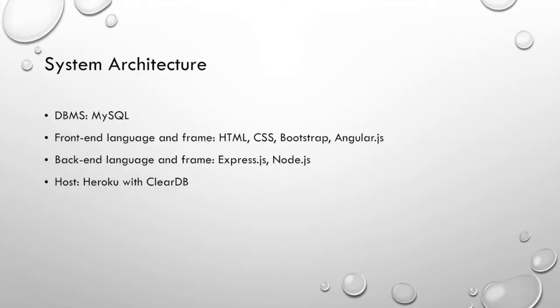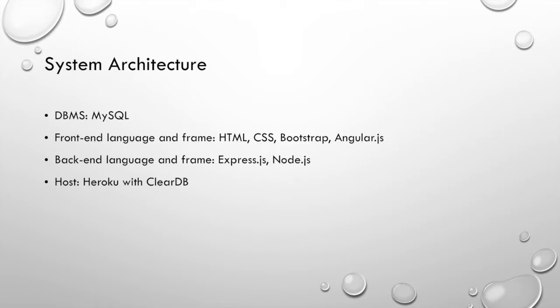Hi, this is Xiang, and here I'm going to talk about our system architecture. First, for our database, we are using MySQL as our backend database. For our front-end languages, we are using HTML, CSS, Bootstrap, and AngularJS. For our backend, we are using Express.js and Node.js.